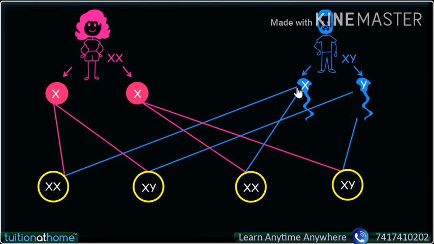Phenotype means physical character. When we have these genotypes, which type of progeny is produced? Actually, it will only decide the gender of a child.